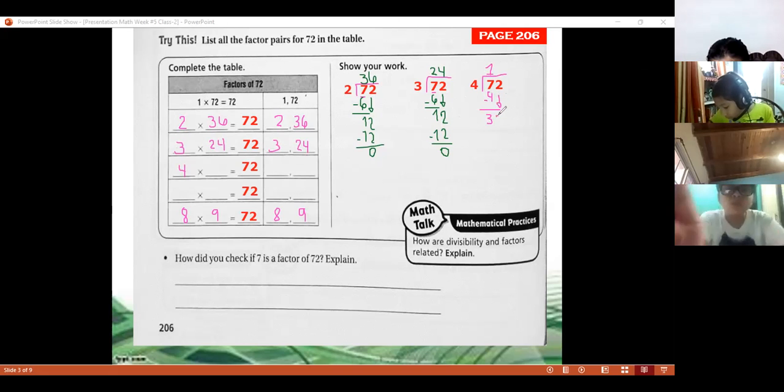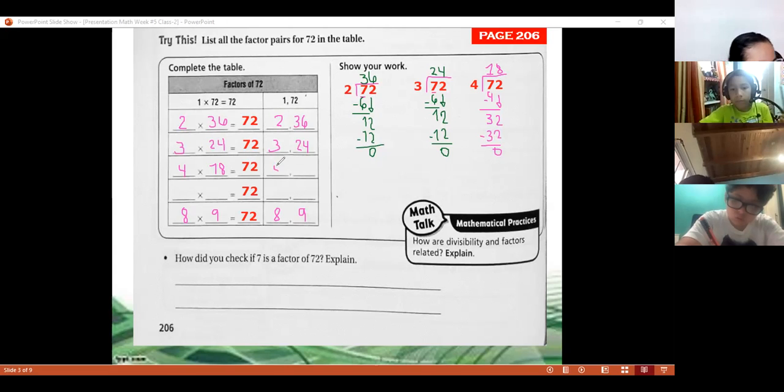And we have 32. 32 divided by 4? 8. Excellent. 8 times 4? 32. So 32 minus 32 equals 0. My remainder is 0. So it means that I can use this 18. So 4 times 18 equals 72. It means that the two numbers that I use, 4 and 18, are factors of 72.